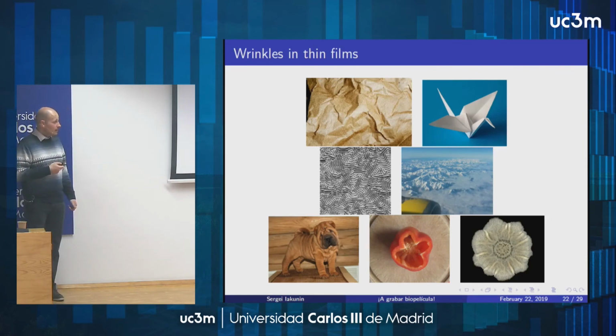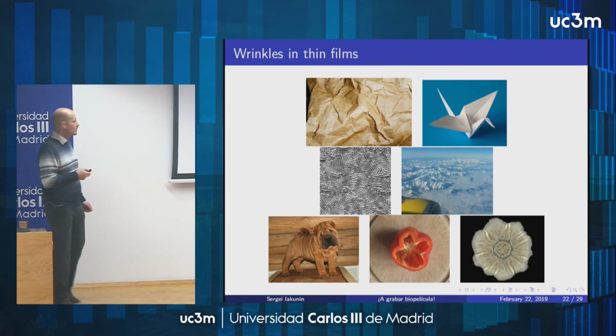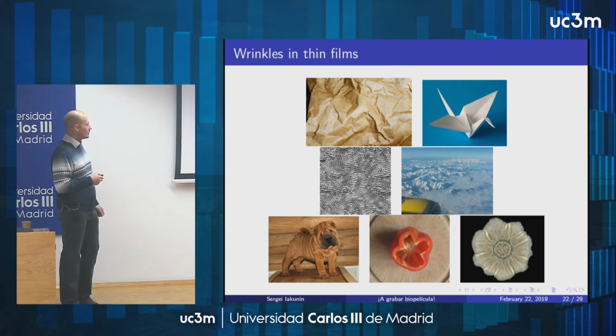Wrinkling is not typical only for biofilms. It can be seen in many different applications. For example, the most usual one is crumpling of paper. There we can see some chaotic wrinkles and also organized ones, as in origami, for example. Wrinkles can be used in microelectronic devices where we also use bilayer structures.